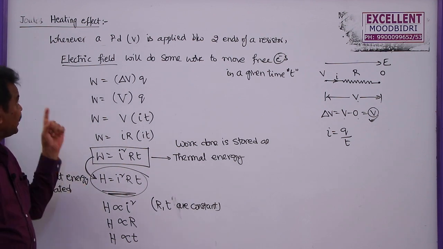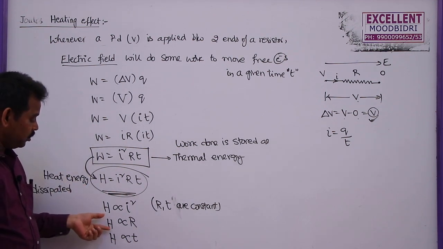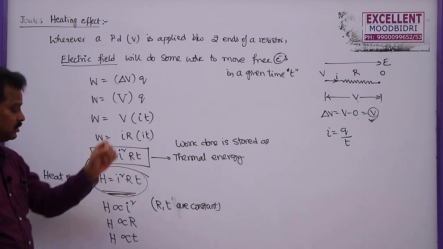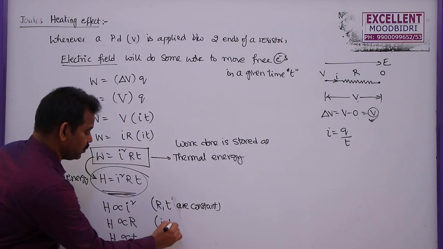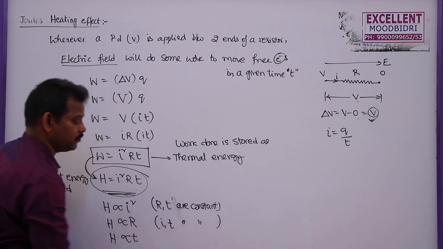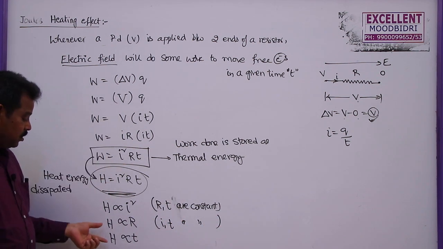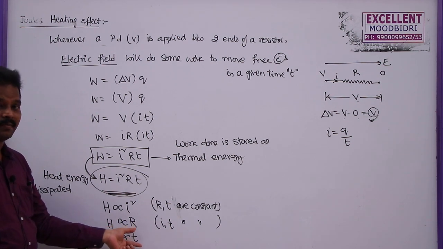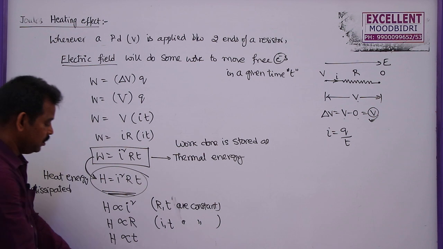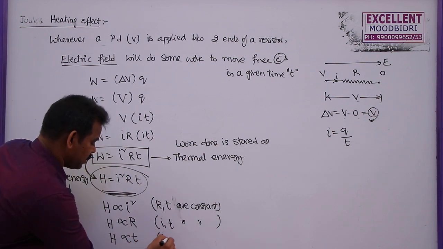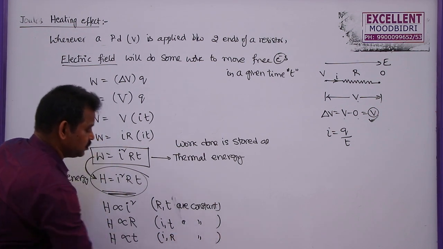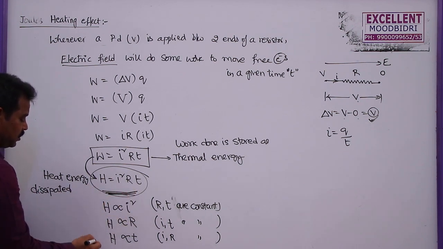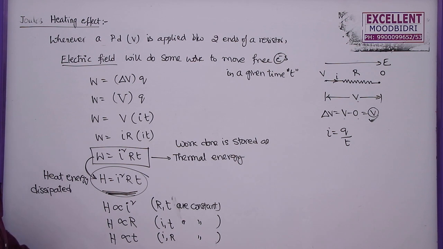Similarly, the second law states that the quantity of heat produced in a resistor is directly proportional to the resistance of that resistor if the current and time are kept constant. Similarly, the third one: the quantity of heat produced in a resistor is directly proportional to the time of flow of current if the current and resistance are kept constant. So from this single equation we can give the first law, second law, and third law of heating effect.